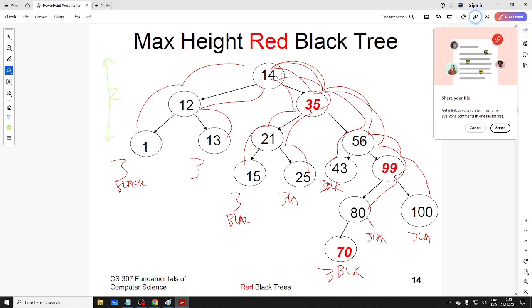Two hops, right? Here we have 1, 2, 3, 4, 5 hops. So 2 to 5. That's the worst case scenario. Or you say 3 to 6, I guess. It depends on the count.